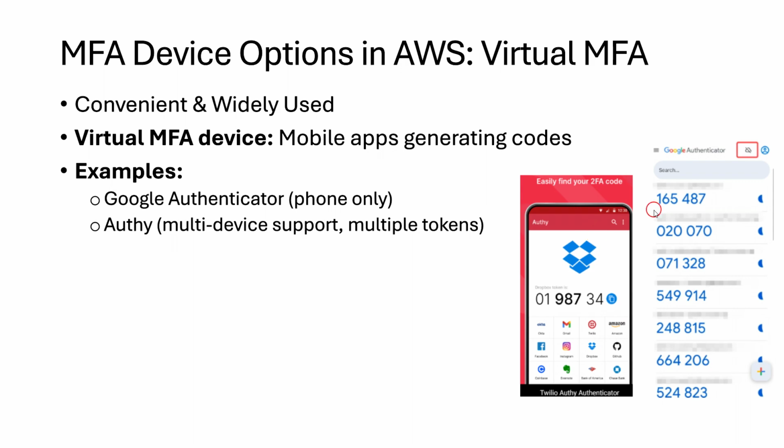For example, Google Authenticator only supports a single account, but Authy supports multiple accounts on a single device, and can be synced across multiple devices. So not only mobile, you can sync this to your laptop. Multiple devices you can sync with Authy, but Google Authenticator still works for a single account. So if you want to add MFA for multiple accounts like your root user and your IAM accounts, then Authy is the best choice.